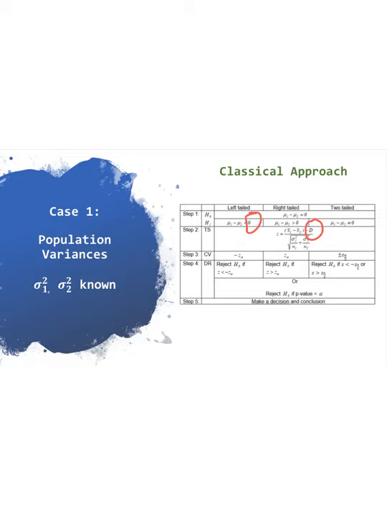And for the two tail, we have two conditions: either Z less than negative Z alpha over 2 or Z greater than Z alpha over 2. We can also use the p-value approach, where we reject the null hypothesis if p-value is less than or equal to alpha. And the last step, we make a decision and conclusion.